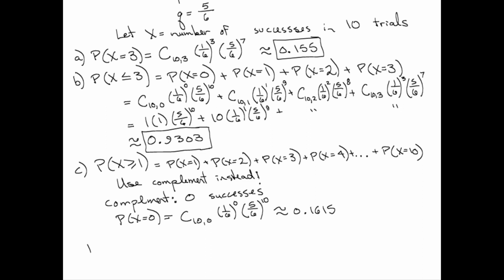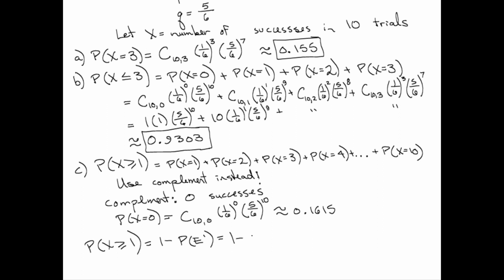And so now what is the probability of getting at least one? Well, if our event is we get at least one success, then our complement is we get 0 successes. Anytime we want to figure out the probability of the event from the complement, we subtract from 1.